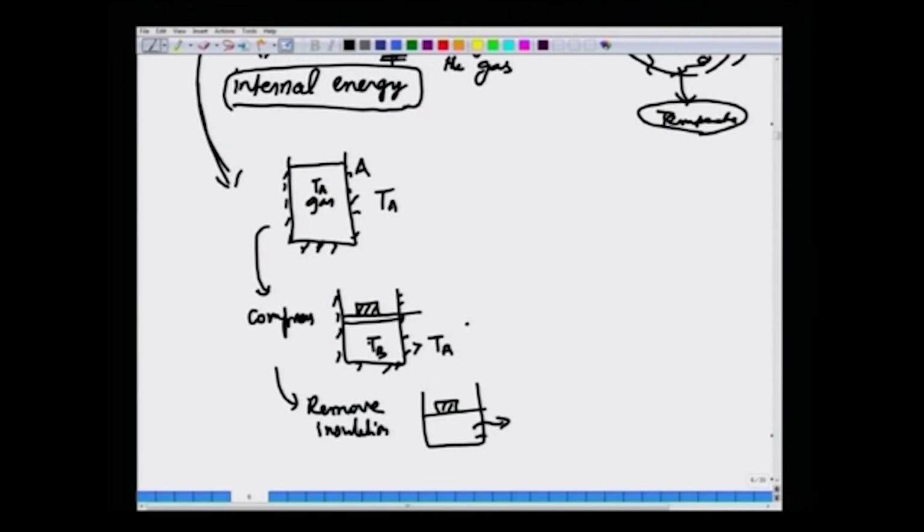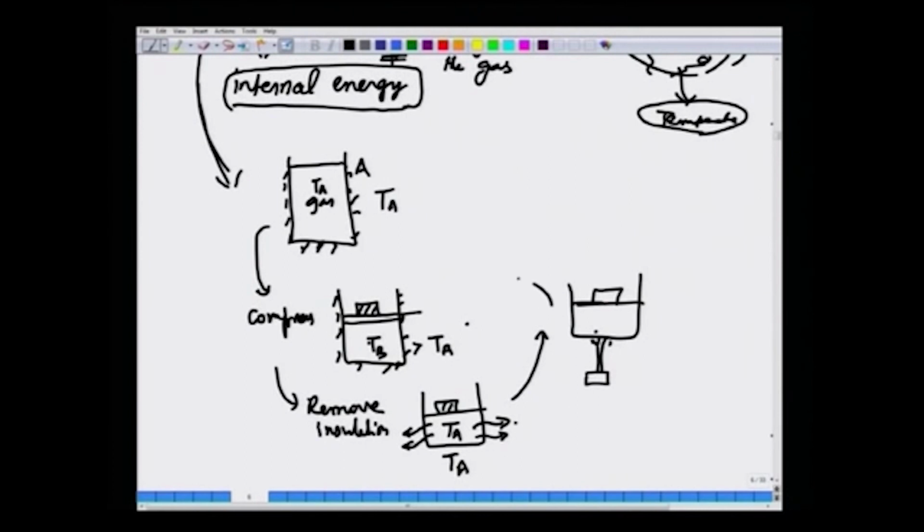Once you remove the insulation, since the gas is at a higher temperature than the outside, energy will flow from inside the gas to outside. Now, I will take the same system and bring it back to state B by merely applying heat. Once I have allowed this gas to reach, by virtue of heat transfer, it will lose heat, so it will eventually reach the same temperature T a.